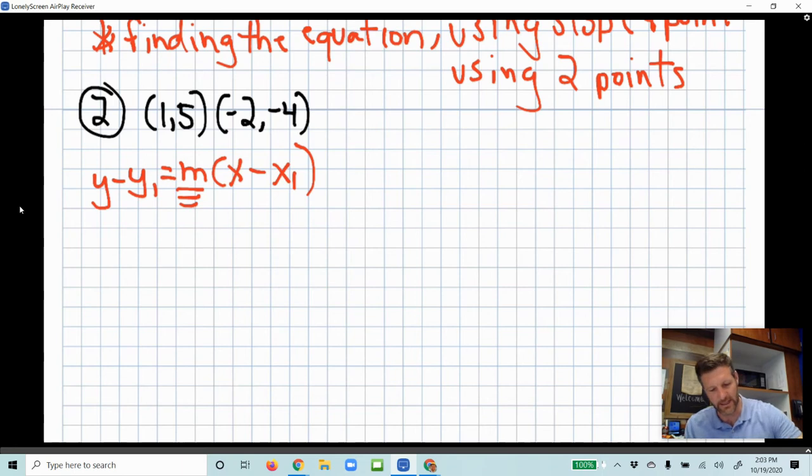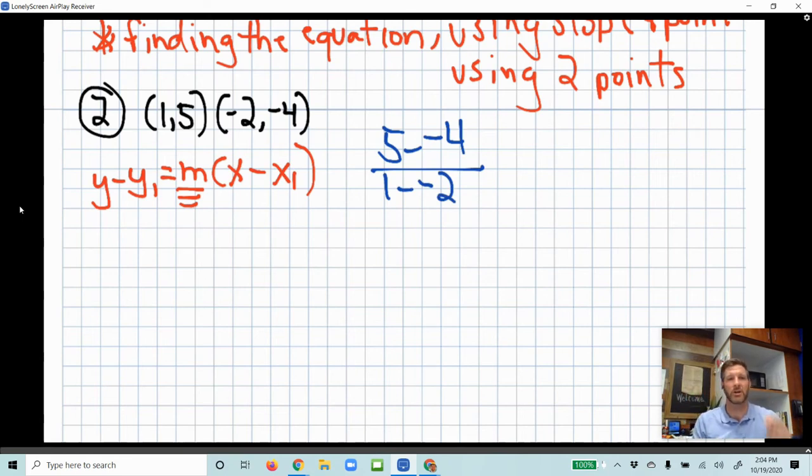Now, if you remember from last lesson, we know how to do that. We just need to subtract our y's, 5 minus -4, over our x's, our runs, our rise over our run. So 1 minus -2. All right, notice I started with the 5, I went to the 4, so I want to start with the 1 and subtract the 2. If you reverse the order in between, that will mess you up.